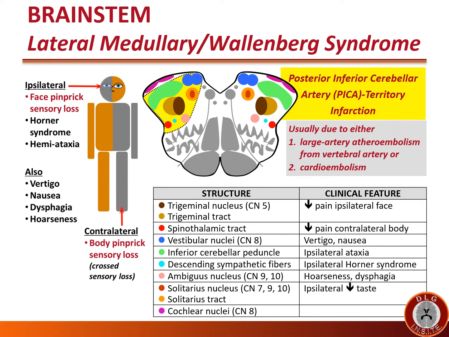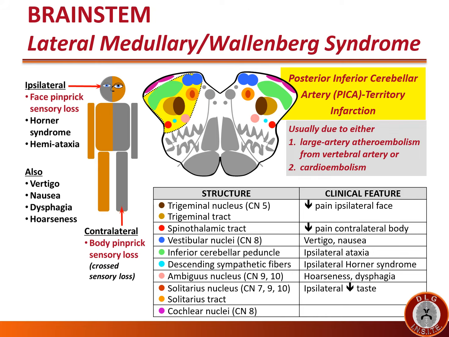The most common ischemic stroke syndrome that involves the brainstem is the lateral medullary or Wallenberg syndrome. In this syndrome, the involvement of the lateral medulla leads to decreased face pinprick sensation on the ipsilateral side and contralateral body pinprick loss.